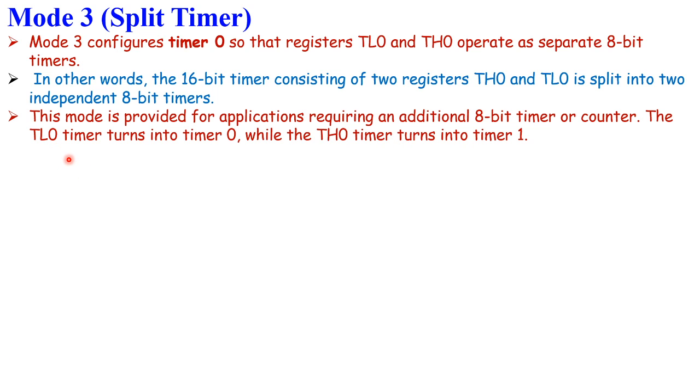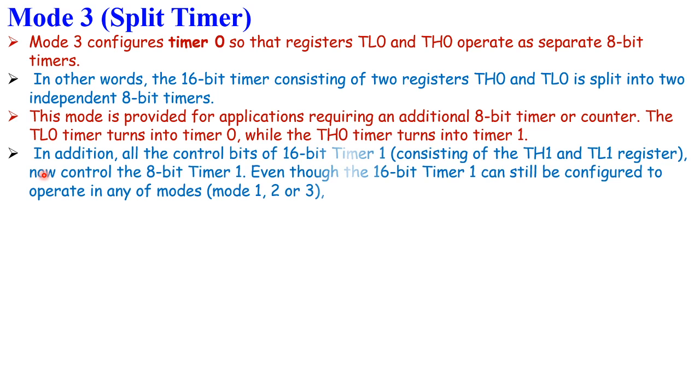So in this split mode, timer 0's lower byte and higher byte are used as timers, like this: TH0 as a timer 1 and TL0 as a timer 0. In addition, all the control bits of the 16-bit timer consisting of the TH1 and TL1 registers now control the 8-bit timer 1.